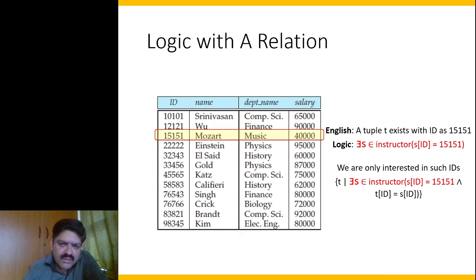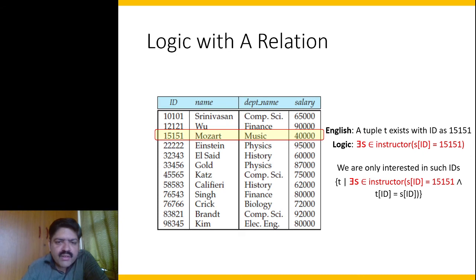Notice that I'm referring to an attribute of S through S of ID. So the S itself belongs to instructors, such that S of ID equals 15151. If I put this predicate, then I am left with a relation with only one tuple, and that relation is the output of this logic statement. So note that we are describing what we want using logic statements, and that is what TRC is about.